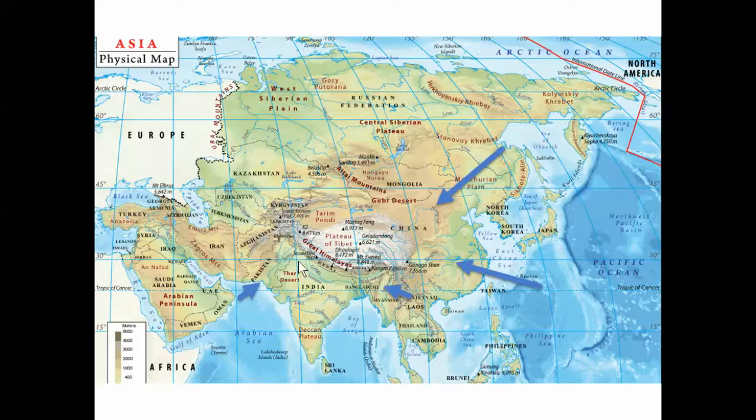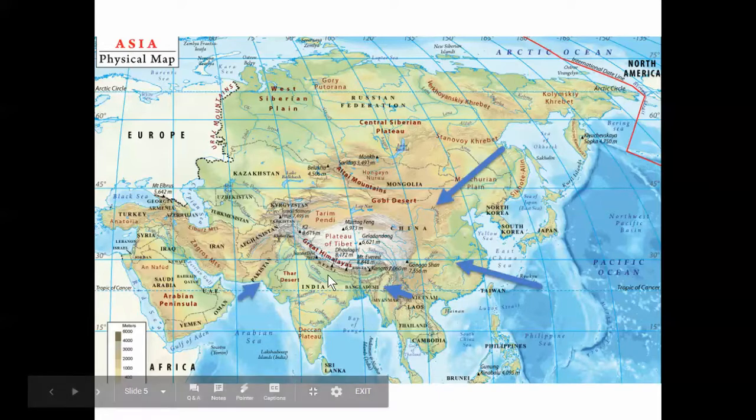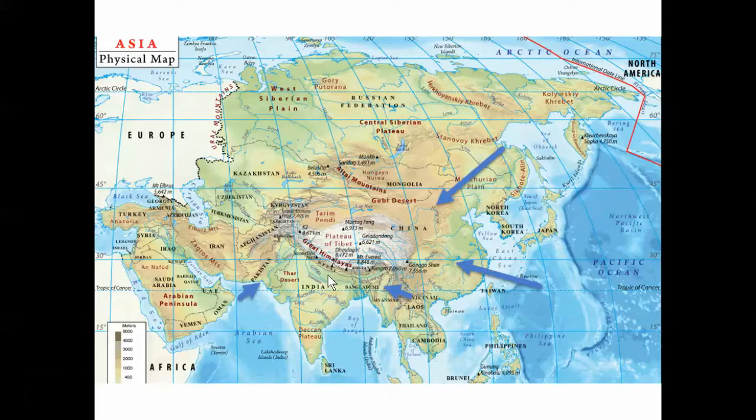As we move from there, the next river that I want you to know is the Ganges, or the Ganga River. The Ganges Basin, the Ganges Valley area here, is a very broad plain right below the Himalayas. The Ganges is fed by the meltwaters of the Himalayas, and it runs this way into the Bay of Bengal. The Ganges River is perhaps the most sacred of the Indian rivers.